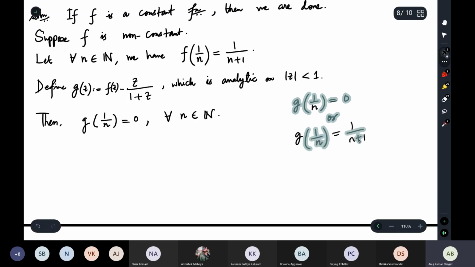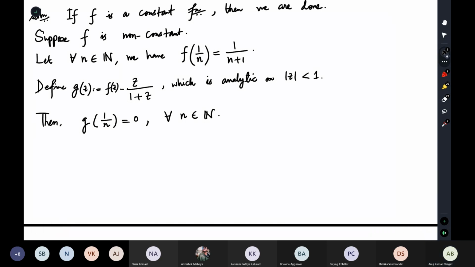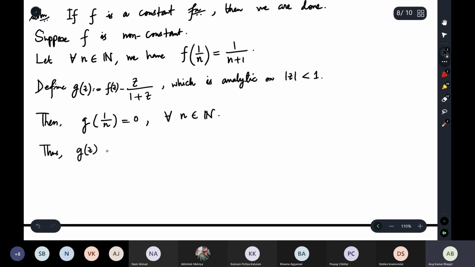So now use the identity theorem. What can I say? This function gz vanishes on a set with a limit point in this domain. So I'll explain this line.